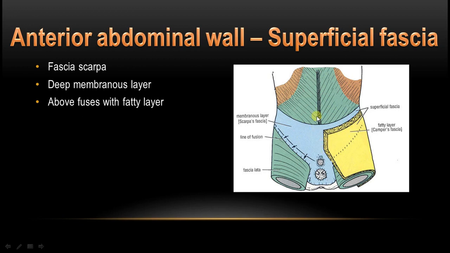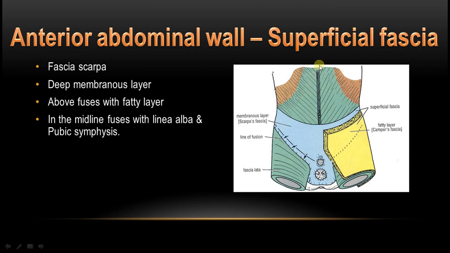Now above the midway between the umbilicus and the pubic symphysis, it fuses with the fascia camper as a single layer. You cannot separate it above. It fuses with the camper as a single layer. Below and medially what happens is it continues as the fascia Colles of the perineum and also forms the fundiform ligament of the penis. Here it is attached along Holden's line, so thereby does not enter into the thigh.